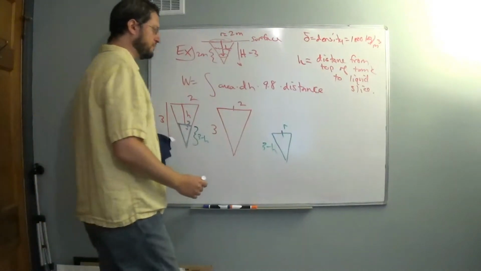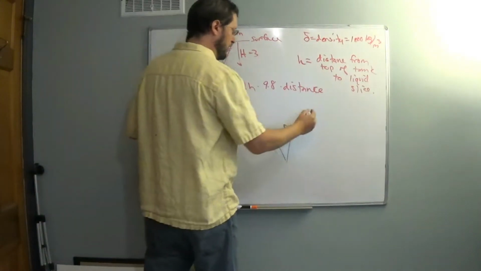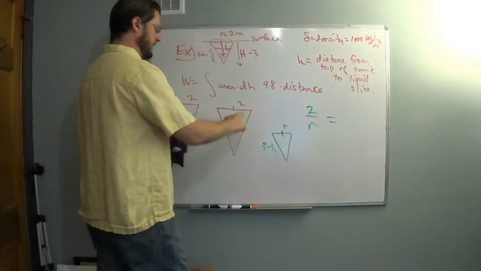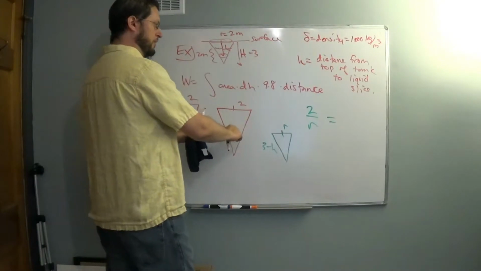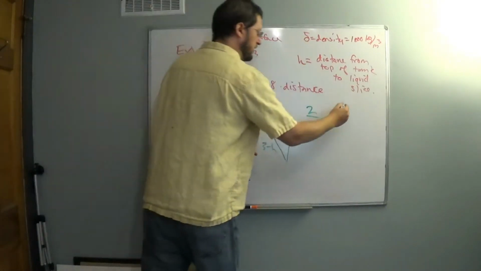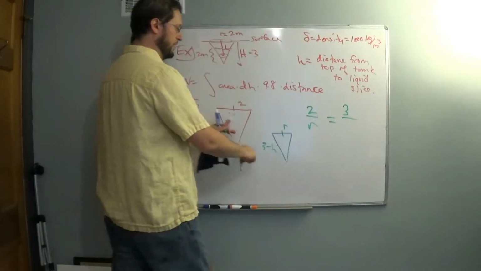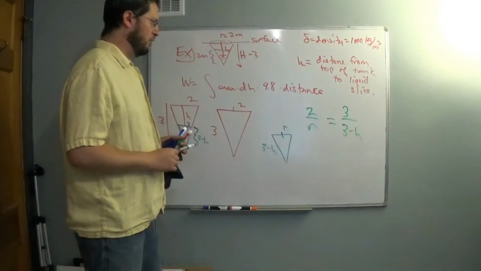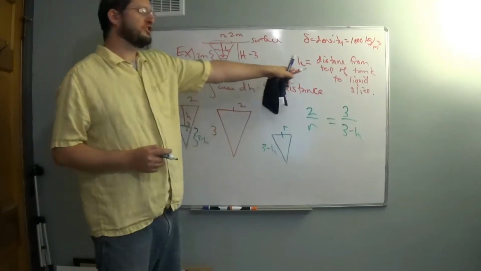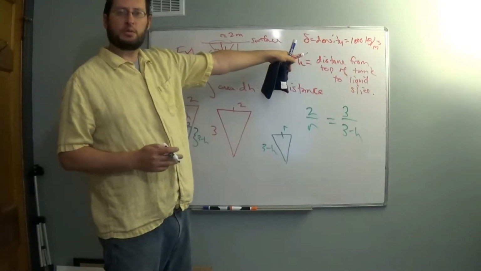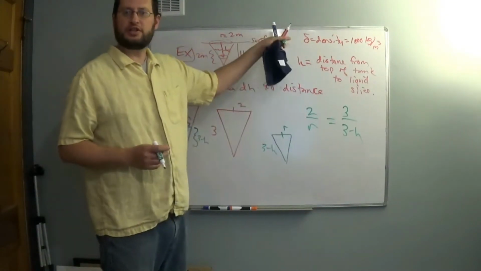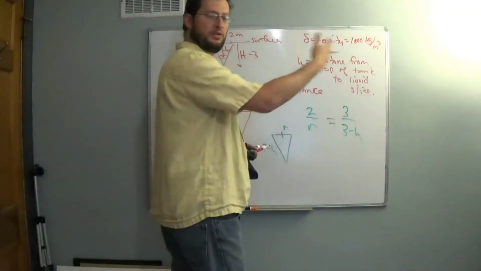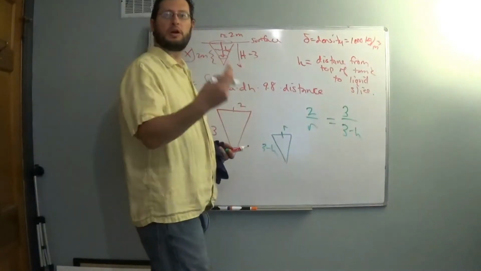So what we've got is 2 over r. 2 and r are the same. Now 2 came from this triangle, so my numerator better also come from this triangle. That's 3, and 3 corresponds to 3 minus h. What's the variable? Well, the variable is h. That's what we decided at the very beginning. If the variable is h, then I better have h on the right-hand side, and we want r equals.